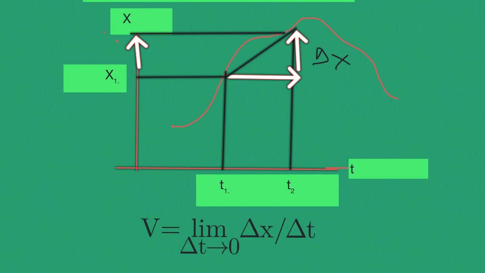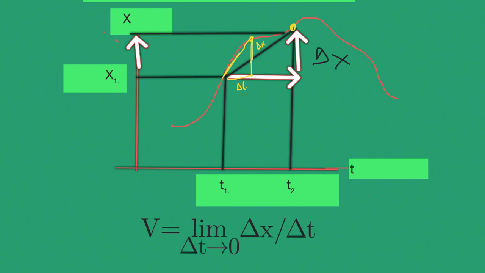And what is the instantaneous velocity? The instantaneous velocity is when this point is approaching t1. So you are here. So now you will construct your triangle like this. And you will say the average velocity is delta x divided by delta t.